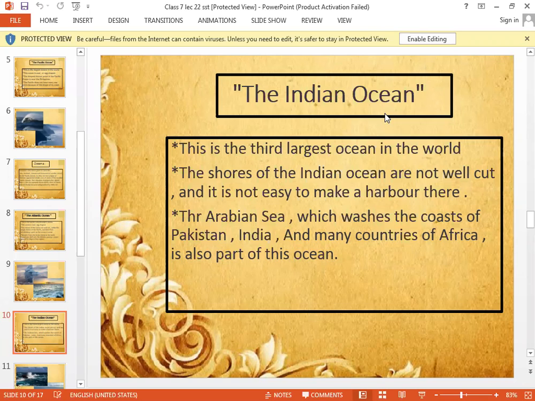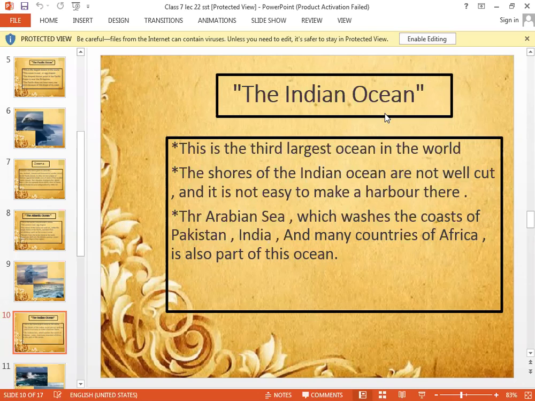It is a body of salt water covering approximately one fifth of the Earth's surface and separating the continents of Europe and Africa to the east from those of North and South America to the west. So this is a very interesting thing about the Atlantic Ocean.